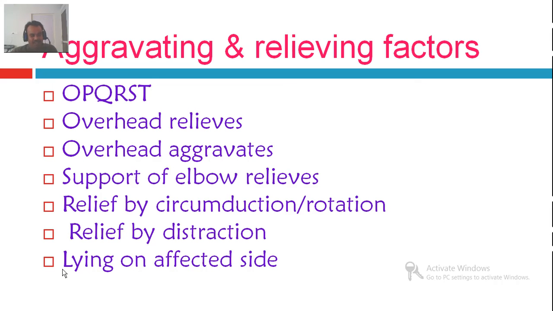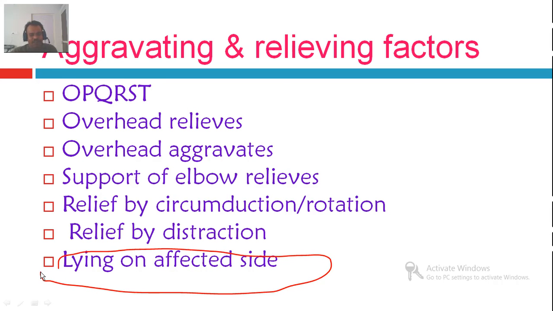Now this is a dangerous thing. Your patient says, I feel comfortable when I lie on the affected side. Quite commonly we come across patients who have, say, right-sided shoulder pain and find difficulty sleeping on the right side. But on the contrary, if the patient says, I have right shoulder pain, but when I sleep on the right side only, I feel comfortable, that's a dangerous sign.